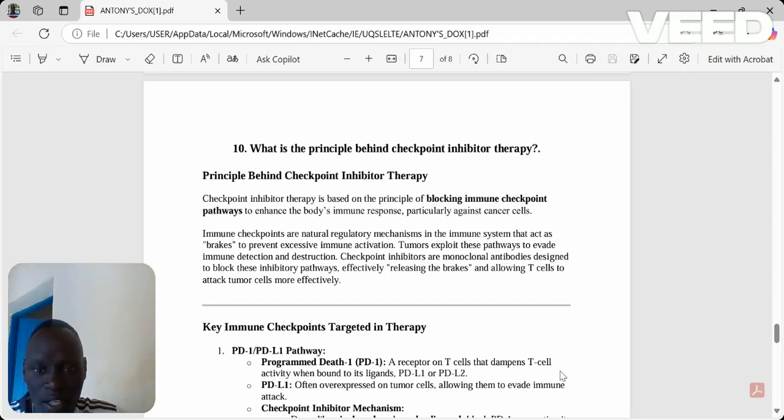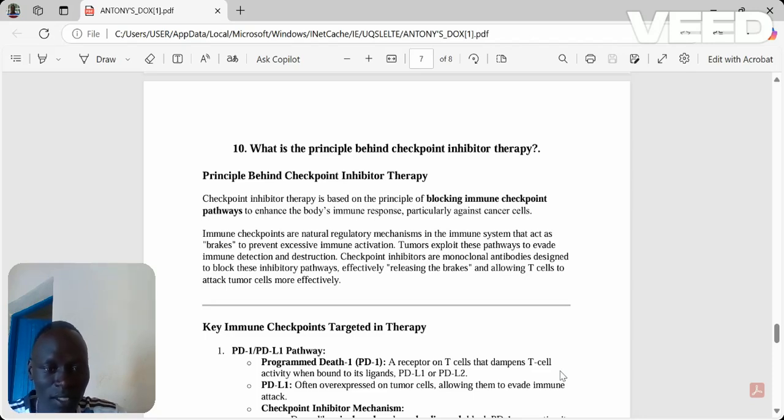Immune checkpoints are natural regulatory mechanisms in the immune system that act as brakes to prevent excessive activation. Tumors exploit these pathways to evade immune detection and destruction.